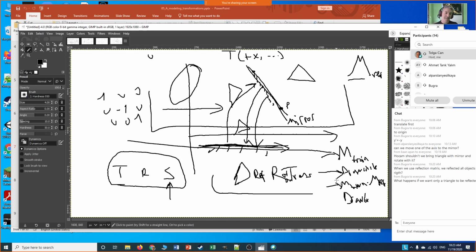For example, if you want to apply a transformation only on an object, you can save the current version of the matrix, because after we multiply it with M reflection, the current version of the matrix is gone. But what if there is a function that helps us save the last version of the matrix on a stack of matrices?